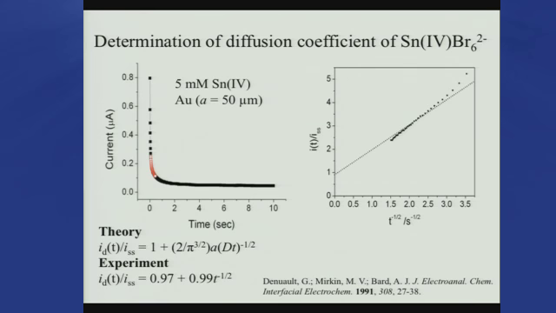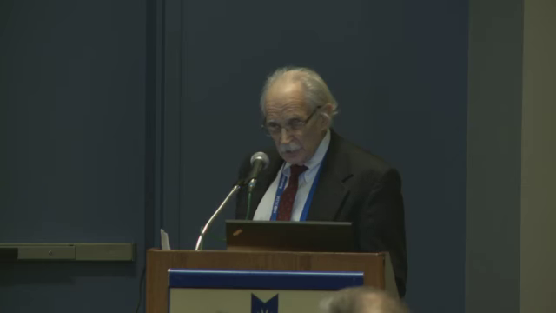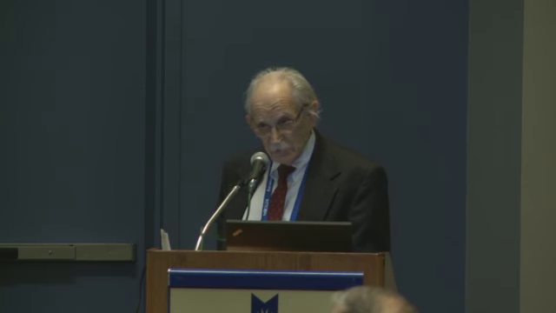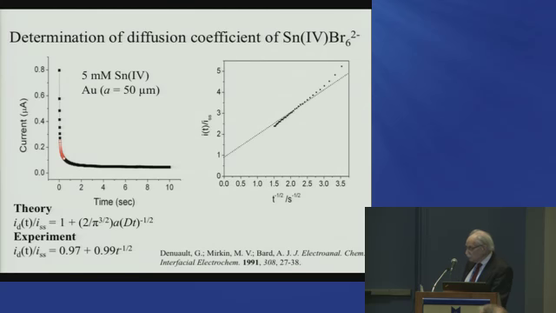And as shown in this paper, I won't go into the detail, that allows you to determine the diffusion coefficient of the species independent of concentration or any other variable. In other words, n of the reaction doesn't come into this. They all cancel out when you do this ratio. And so I can get the diffusion coefficient.